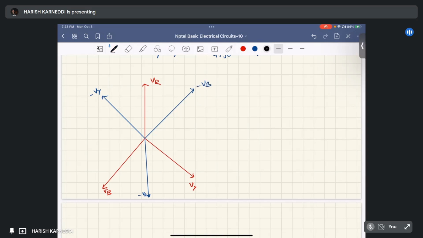VR minus VY means addition of these two, right? It is approximately at some point it is VRY.